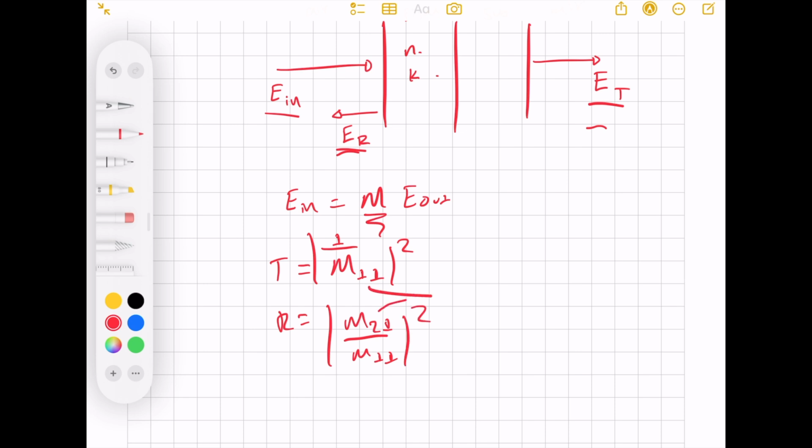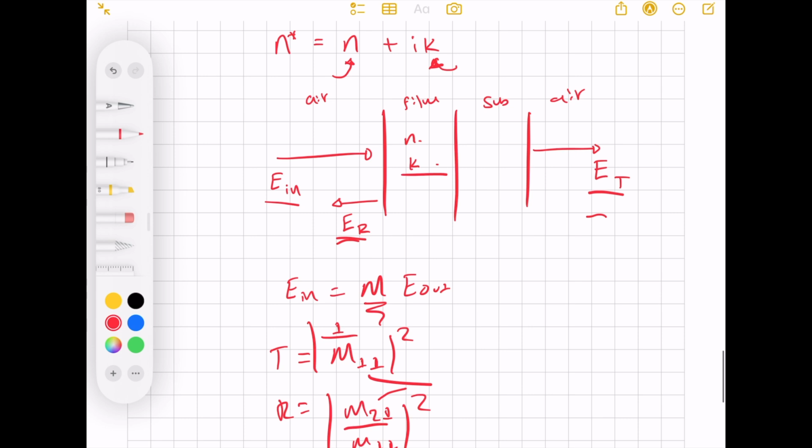And each of these M's contain, you guessed it, N and K. We can't analytically solve it because it becomes very complicated, but we can minimize our error using the experimental values, and then we can find N and K.